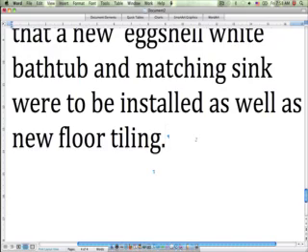So I mentioned before that maybe this sink did not turn out as eggshell white. It came in a different color.